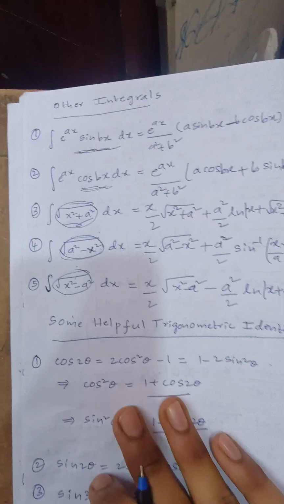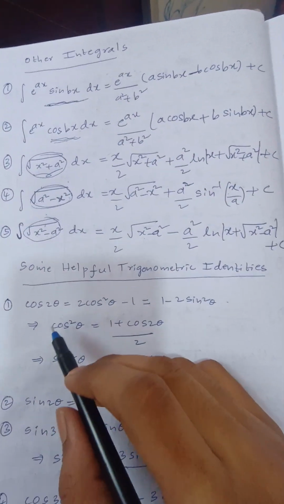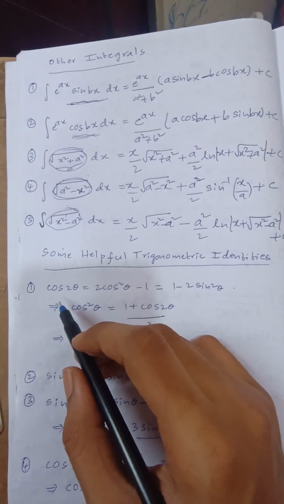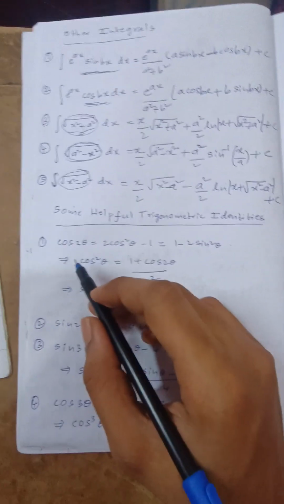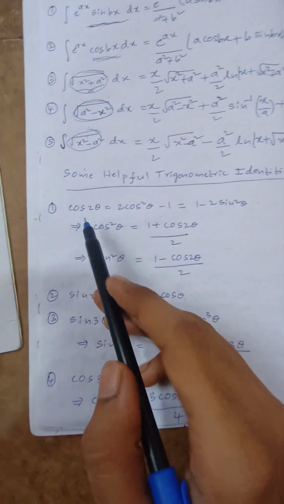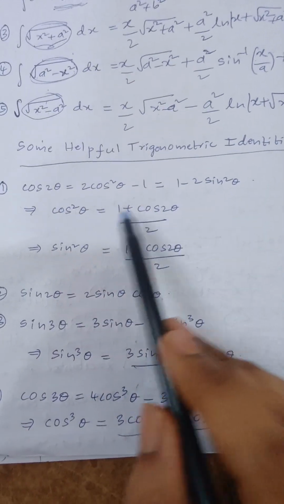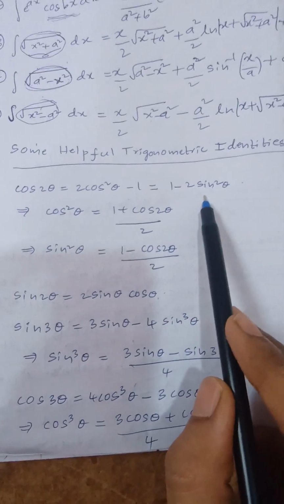So these are some other integral formulas, and some helpful trigonometric identities which will be helpful in solving integration problems. Now we'll discuss those. Some of the useful trigonometric formulas are cos 2 theta is nothing but 2 cos square theta minus 1, which is nothing but 1 minus 2 sin square theta.